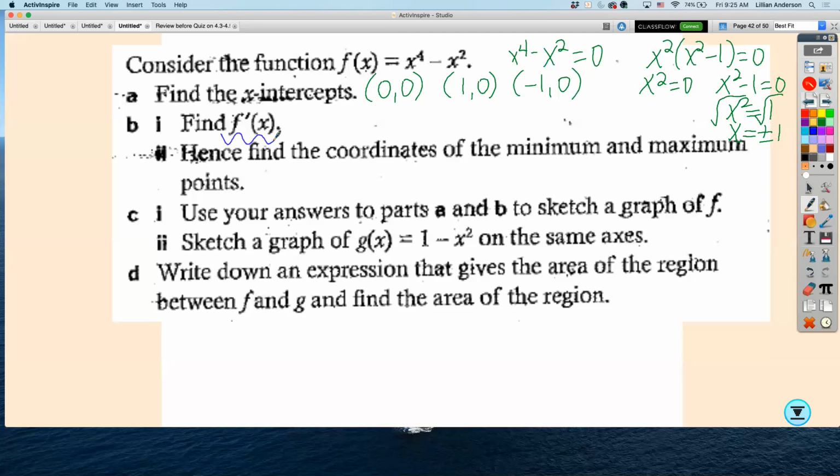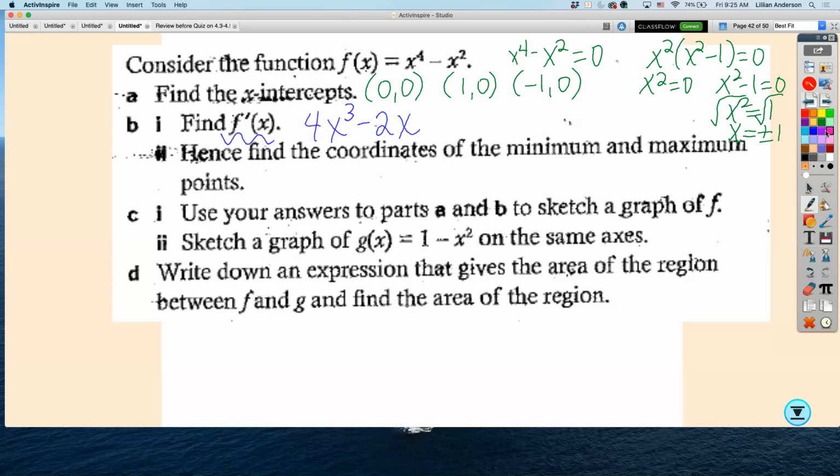So what is f prime of x? 4x cubed minus 2x. Remember, with derivatives, you bring the exponent down and then you subtract 1 from your exponent. How do I find the coordinates of the maximum and minimum? Still derivative. Set what equal to 0?